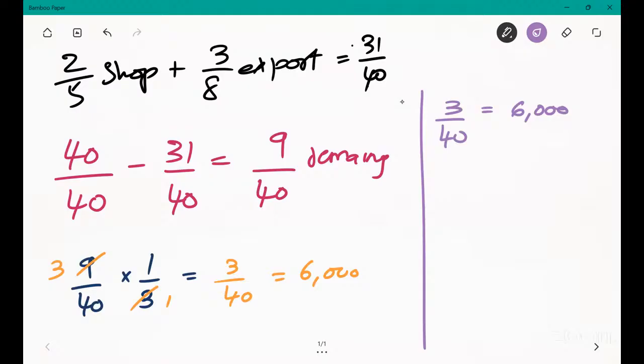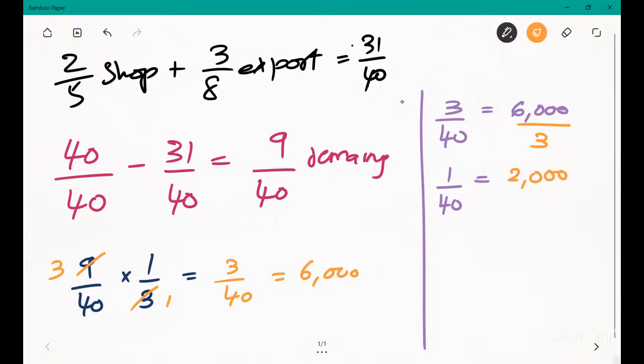So here what we have to do first is get it as a fraction of 1/40. To get it as 1/40th, I have to divide this amount by 3. Then I can get my fraction as 1/40. So if I divide 6,000 by 3, I'm going to get 2,000.